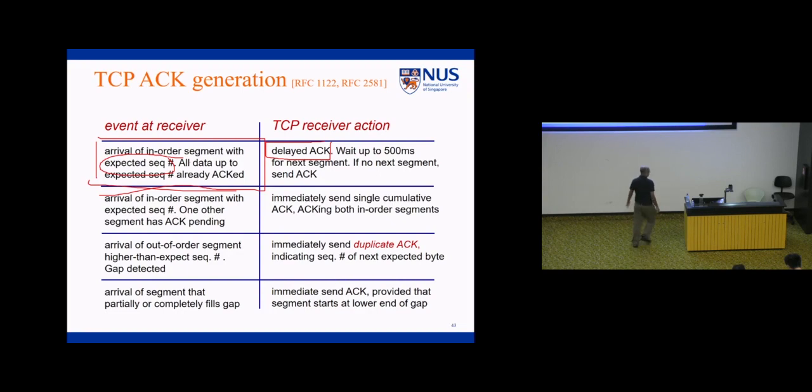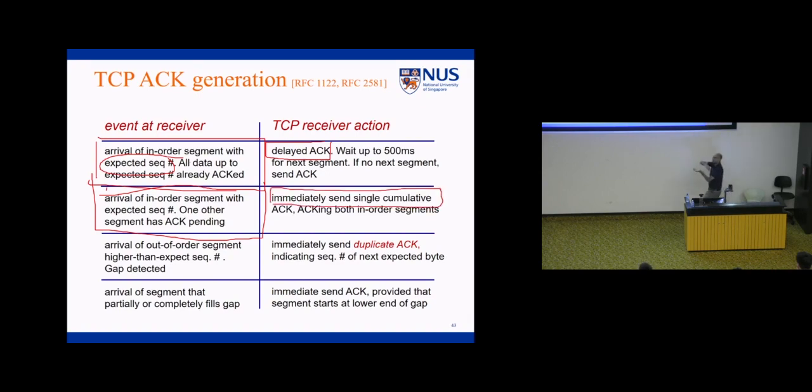Okay? And then the second line here is basically saying you have received a packet, this is in order, everything is fine, and there's already one packet which you have not acknowledged. That means there's a second packet. In this case, you can send out an acknowledgement immediately.